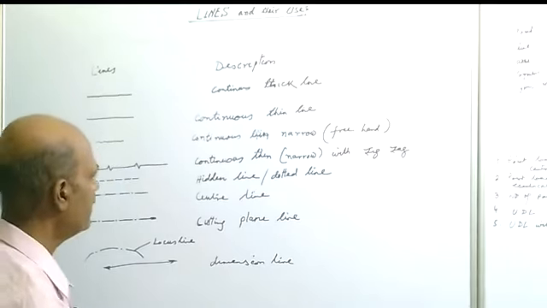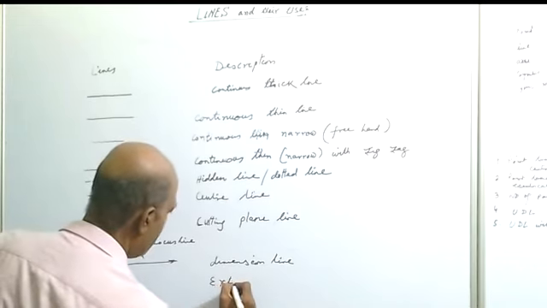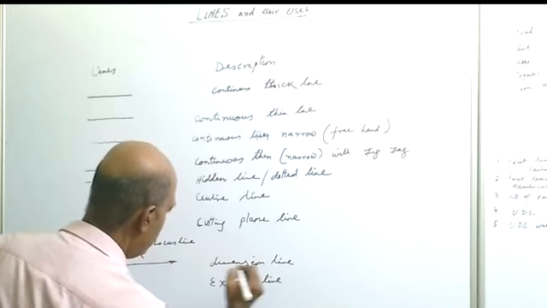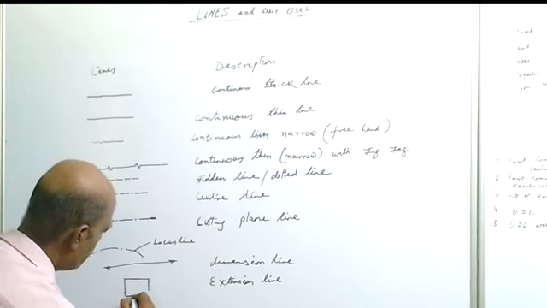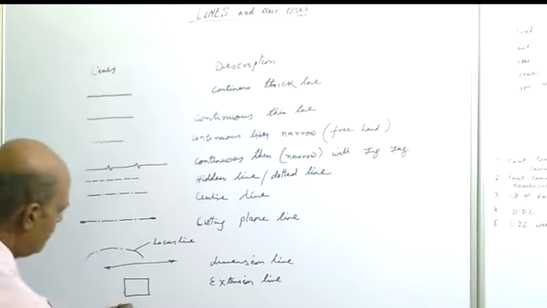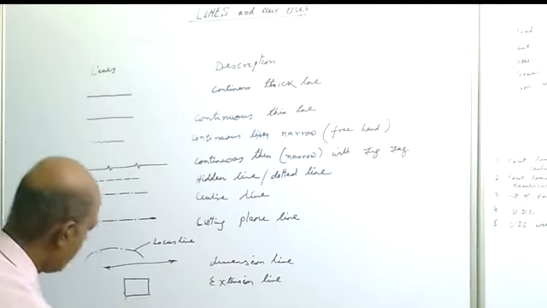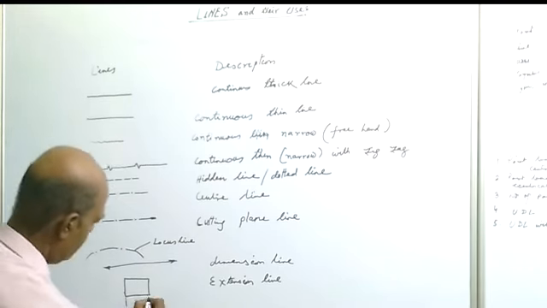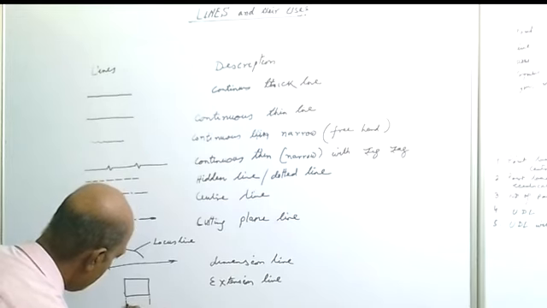Now the extension line: say this is the component, and we have to show its dimension. So put a gap of 1 to 2 millimeter, then a short line, the same on this side, and then put a dimension line here.